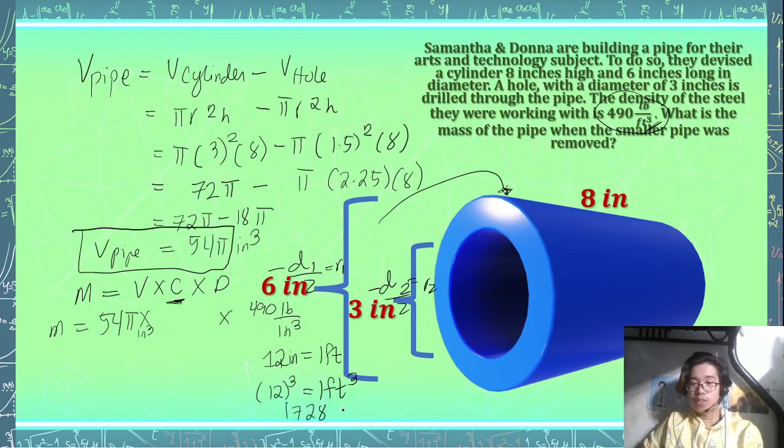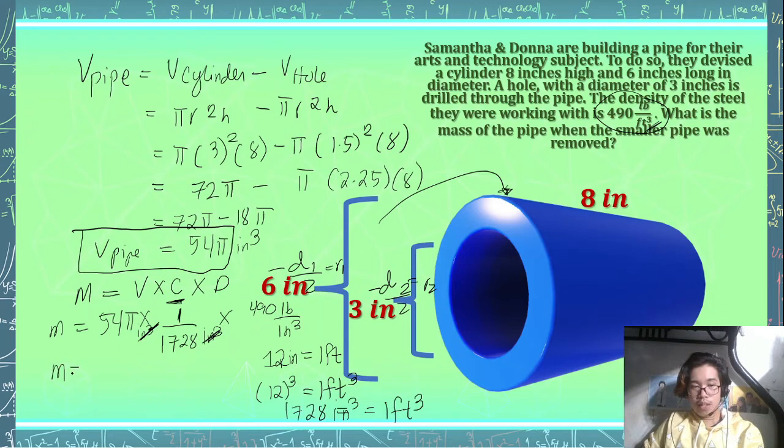That's just equal to 1,728 cubic inches, and that's going to be equal to 1 cubic feet. So therefore, our conversion factor here is going to be 1 over 1,728 cubic inches. And therefore, our cubic inches cancel out.